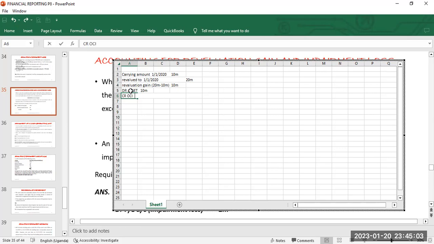And this one is in regards to our revaluation gain of 10 million.